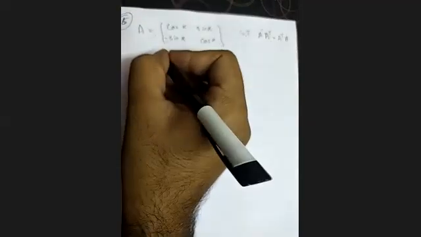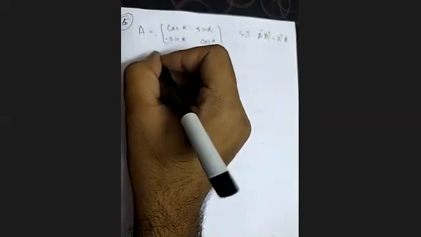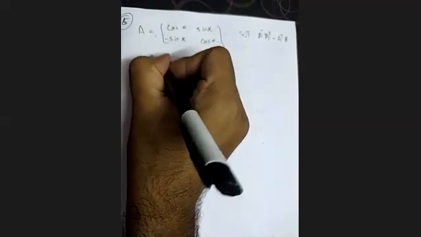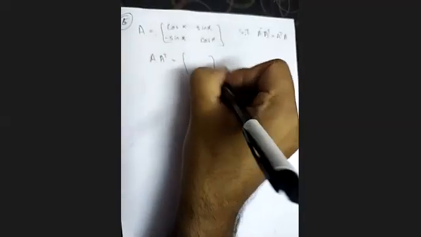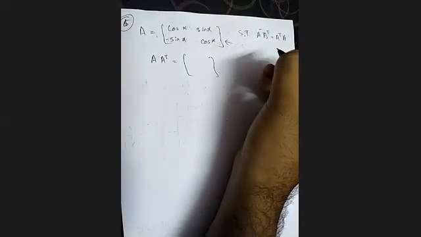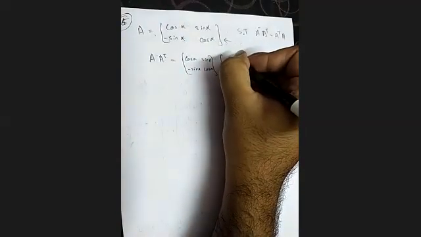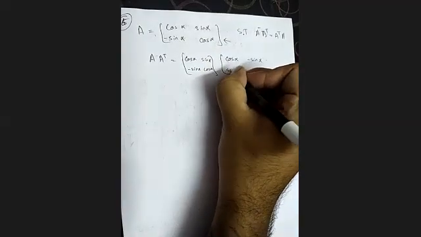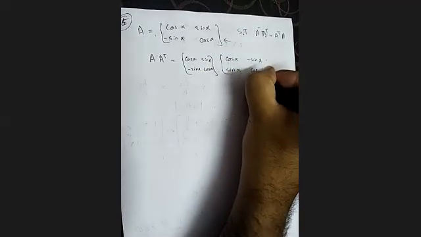A into A transpose is equal to A transpose A. So A into A transpose will be equal to, what is A? What is A transpose? [Cos alpha, minus sin alpha; sin alpha, cos alpha].